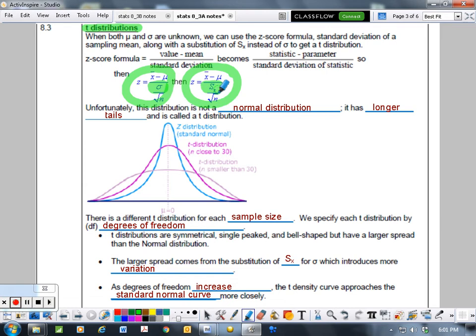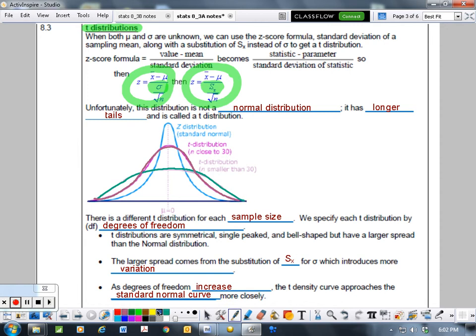But the new distribution is not normal. It looks normal when you glance at it, but it truly isn't normal. In fact, it has longer tails. And if our sample size ends up small enough, it may end up looking like a mound. So here is the distribution where n is less than 30. Here is the distribution when n is close to 30.